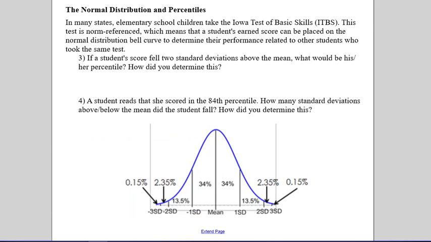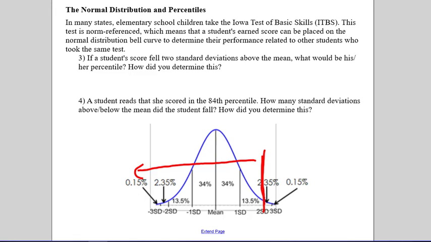Now, on this third question, it says if a student fell 2 standard deviations above the mean, what would his or her percentile be? So if we go 2 standard deviations, we're right here. So that is all these values to the left that they scored better than. You can either add up all those values, or you can also recognize that if I take the values to the right and subtract them from 100, that will give us the same percent.